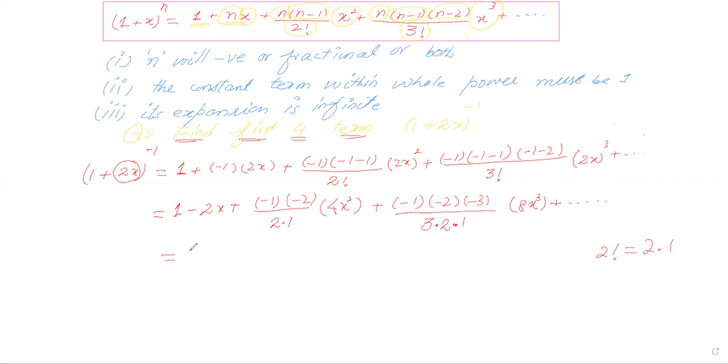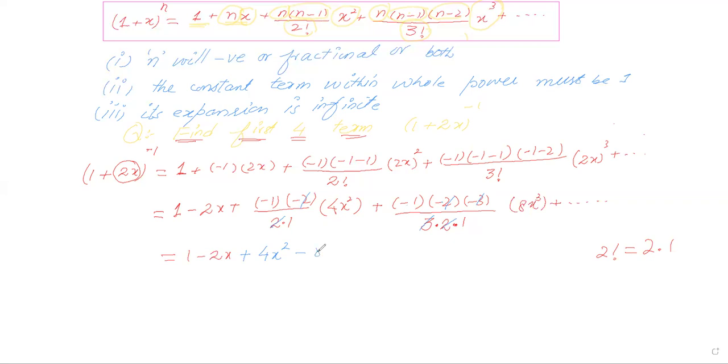So now you have 1 minus 2x. Some terms will be cancelled out, just like this one: 2 is cancelled by this 2, 3 is cancelled by this 3, 2 cancelled by 2. So I will get minus into minus. There are 2 minus signs, so it becomes plus 4x square. And how many minus signs in 1, minus 1, minus 2, minus 3? It becomes 3 minus signs.